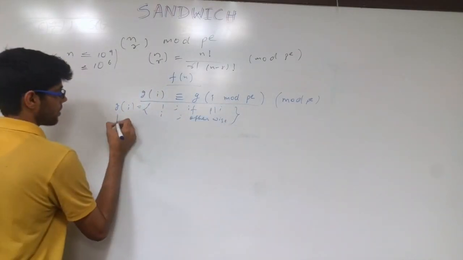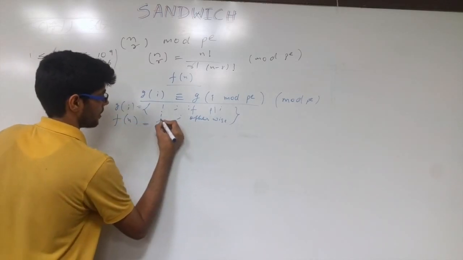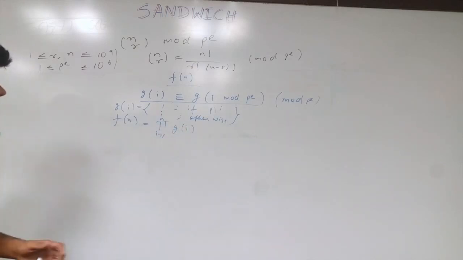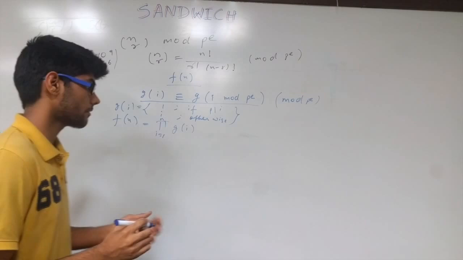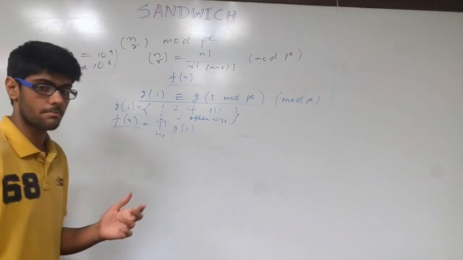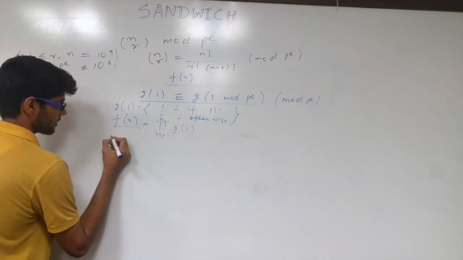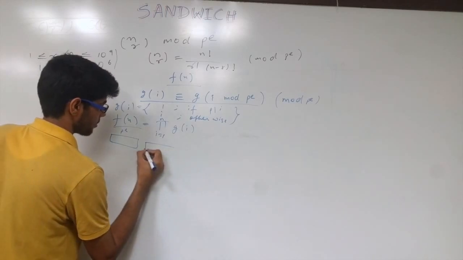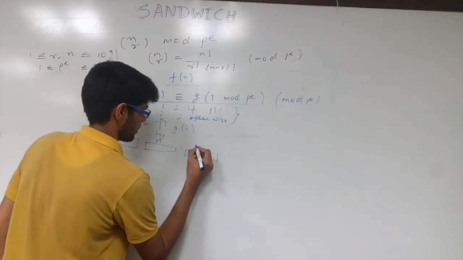Now f(n) was the product of all g(i)'s for i less than or equal to n. But now let us notice the repetition here. If we divide n into blocks of size p^e, then this is the first block of size p^e, this is the second block, this is the third block.